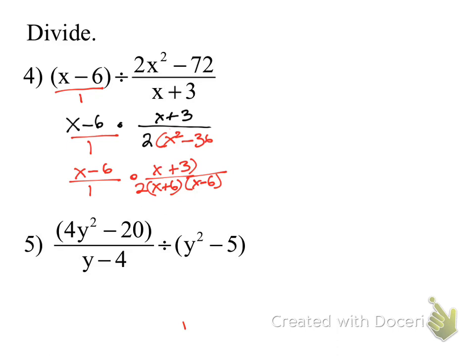You run the risk when you do multiple steps in your head of losing information. So unless you're like a stellar student that's getting an A+, I wouldn't do more than one step in your head like that, you know? But this is fine for you to just jump right down to that.